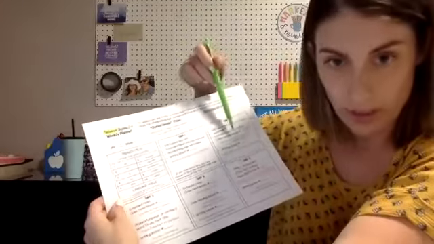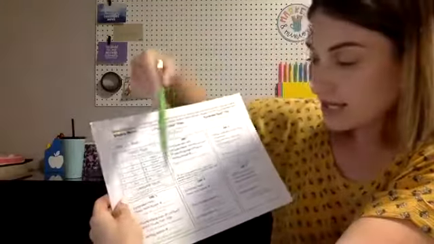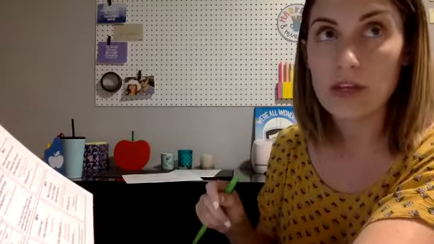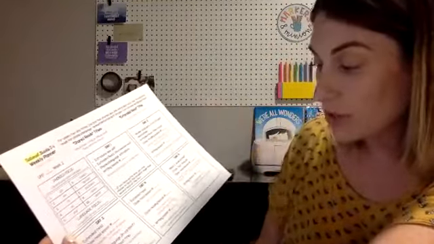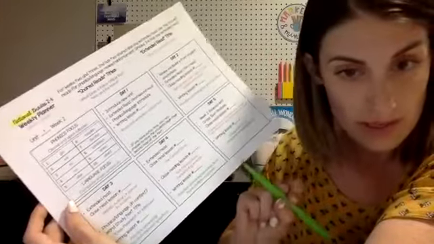So it's comprehension. And then day 3, practice answering constructed response questions, where they use details from their mentor text and write a short response. Then day 4, practice answering questions that have multiple responses.